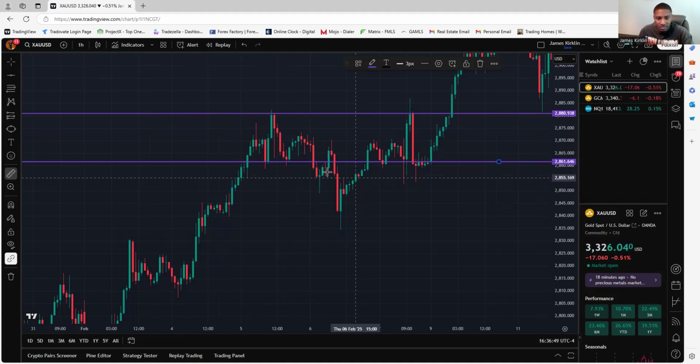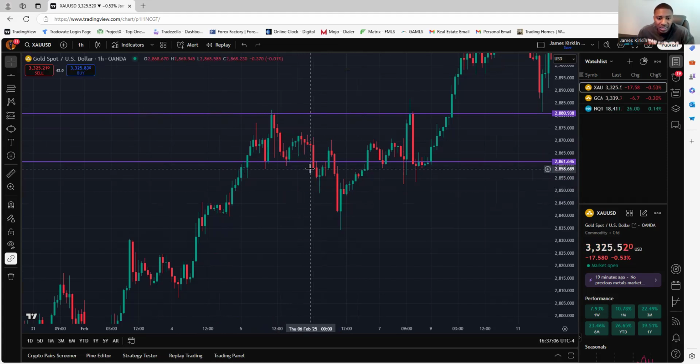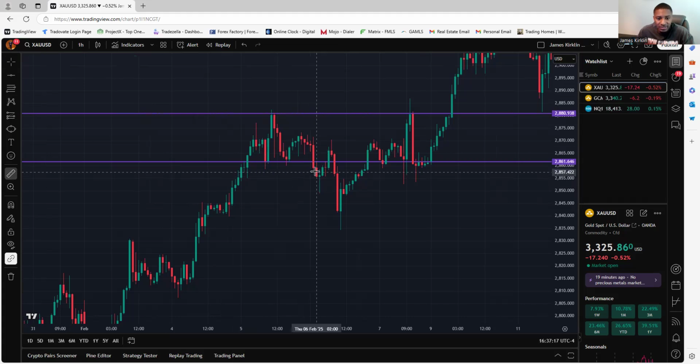And not to say this was a huge move, but price went up, grabbed liquidity from the previously broken support here, flipped for almost 100 pips. So when candles close above in this instance or below in this instance, it's a pretty good indicator that price is ready to continue downward.